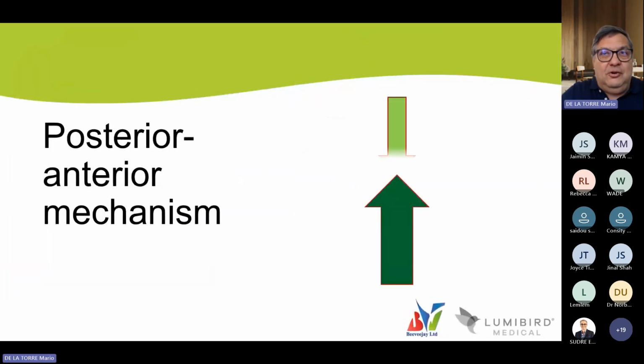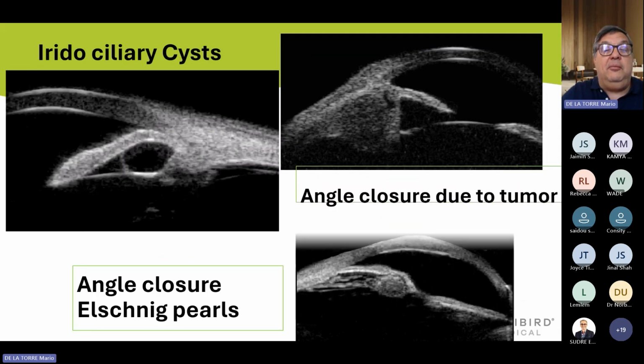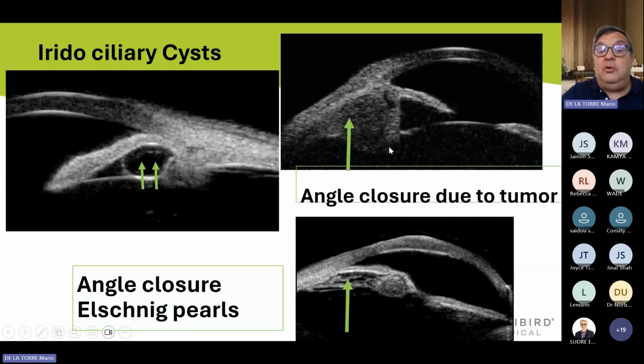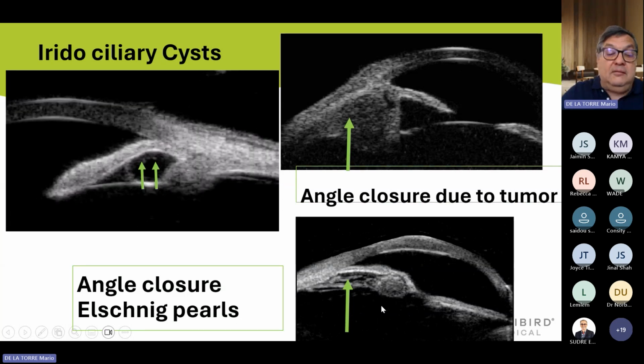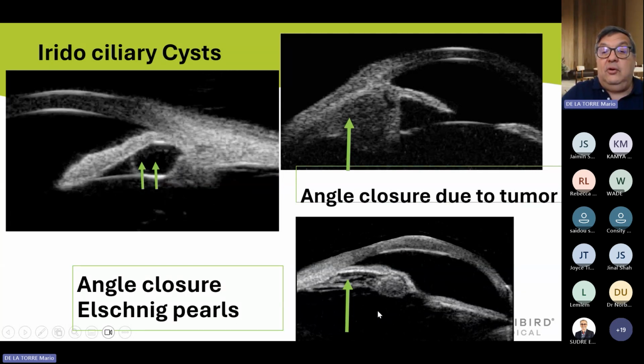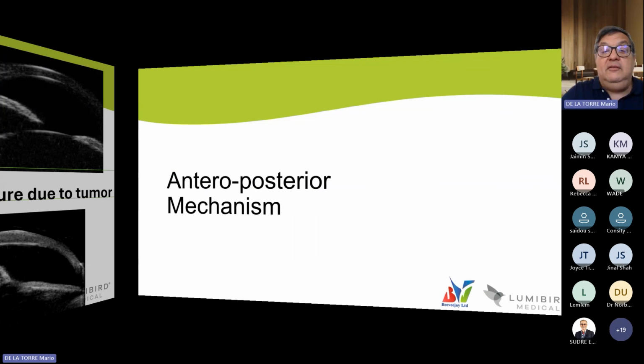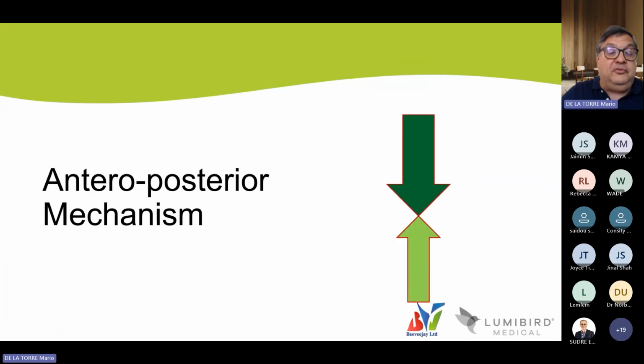In angle closure, there are posterior-to-anterior mechanisms, where the force comes from behind. In this case, for example, you can have a cyst, a tumor, and even in some rings. You can also have an anterior-to-posterior mechanism that is not well known.